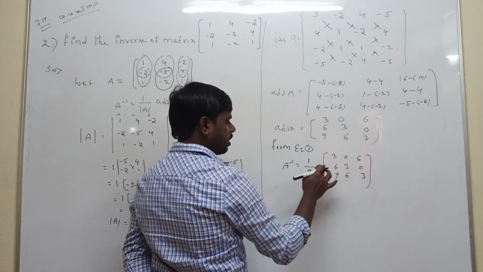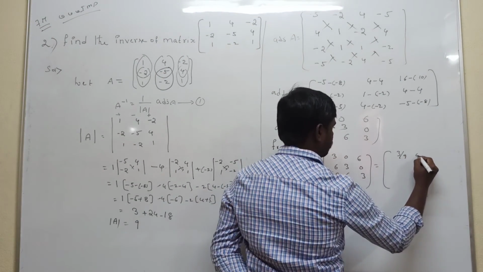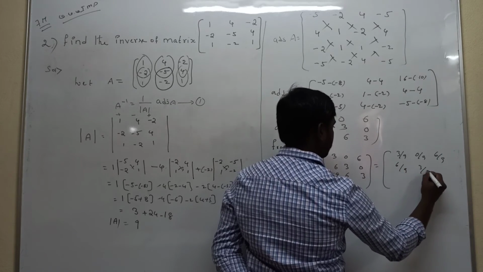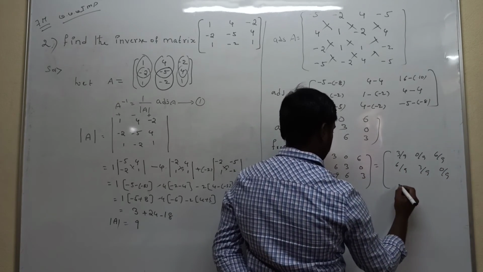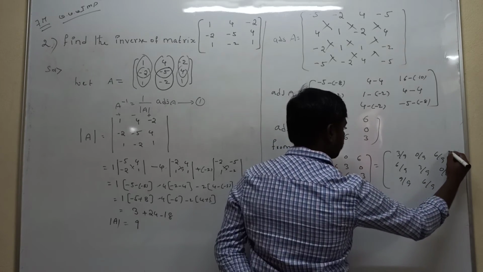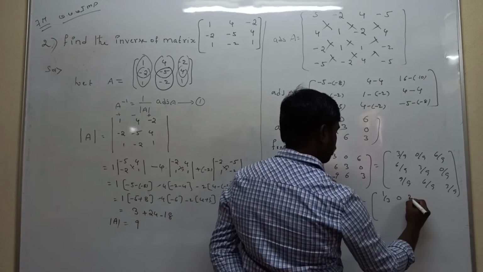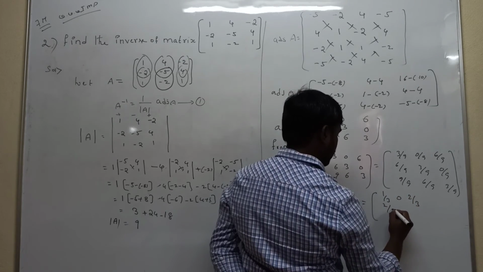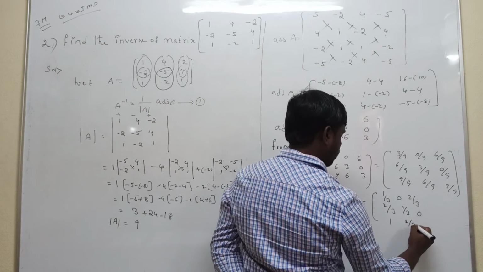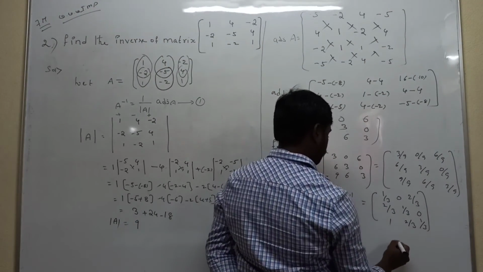So now each term is divided by 9: 3 by 9, 0 by 9, 6 by 9, 6 by 9, 3 by 9, 0 by 9, 9 by 9, 6 by 9, 3 by 9. Simplify this: 1 by 3, 0, 2 by 3, and 2 by 3, 1 by 3, 0, 1, 2 by 3, 1 by 3. This is the A inverse, the required value.